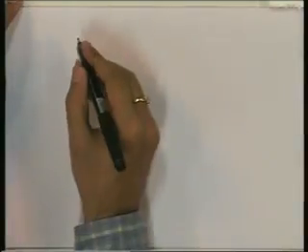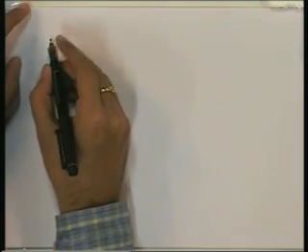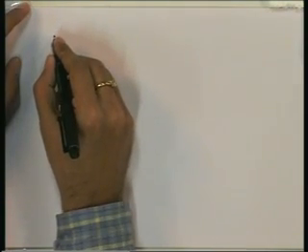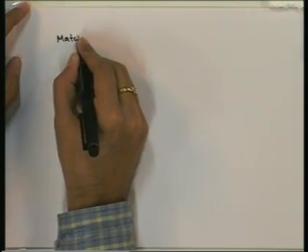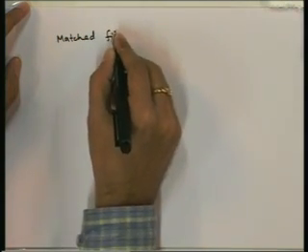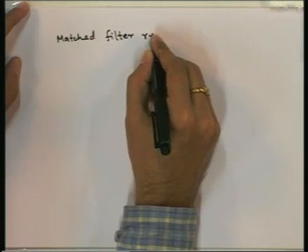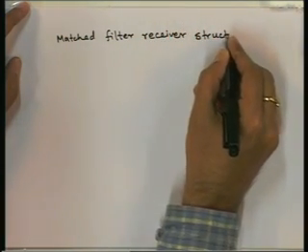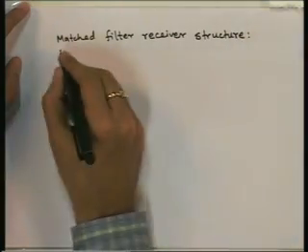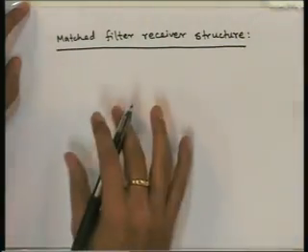Okay. So let us see how we can compute the probability of error for different signal sets. So we have seen that a generic matched filter receiver structure is this.